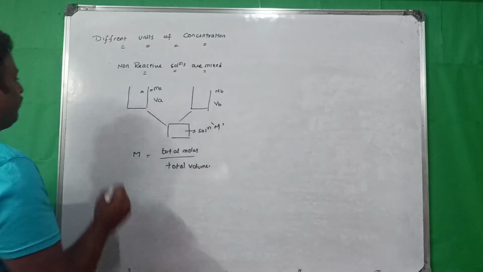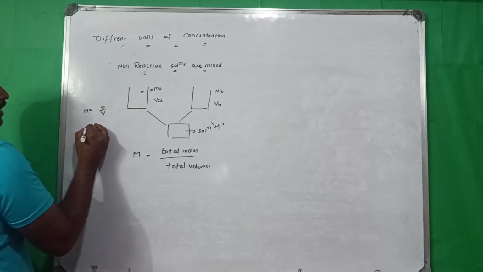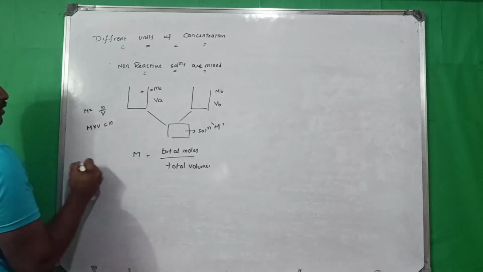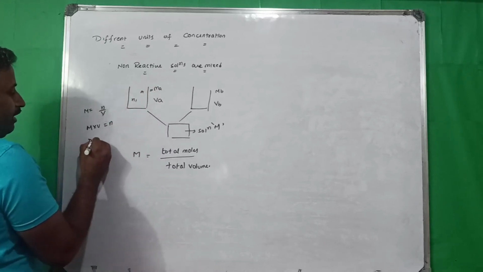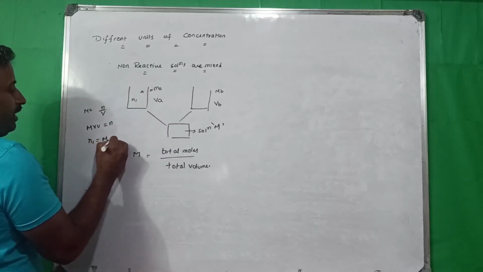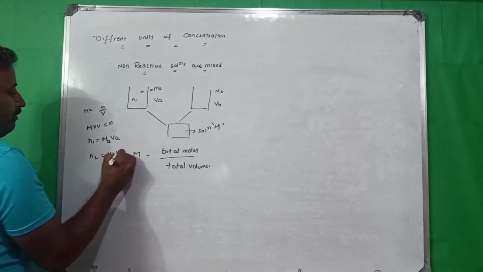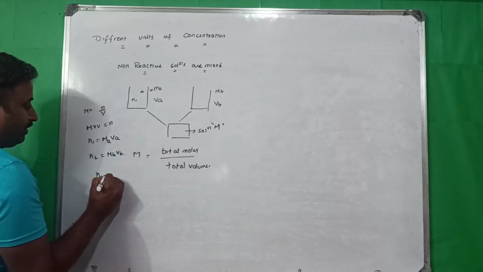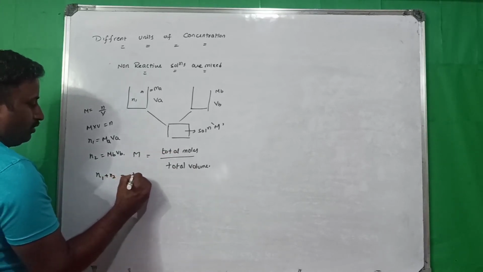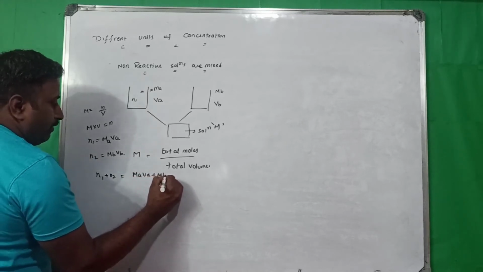So how to find number of moles? Molarity is equal to N by V. Then M into V is number of moles. Then let us think it has N1 moles. Then N1 is equal to MAVA. N2 is nothing but MBVB. Then total moles N1 plus N2 is equal to MAVA plus MBVB.